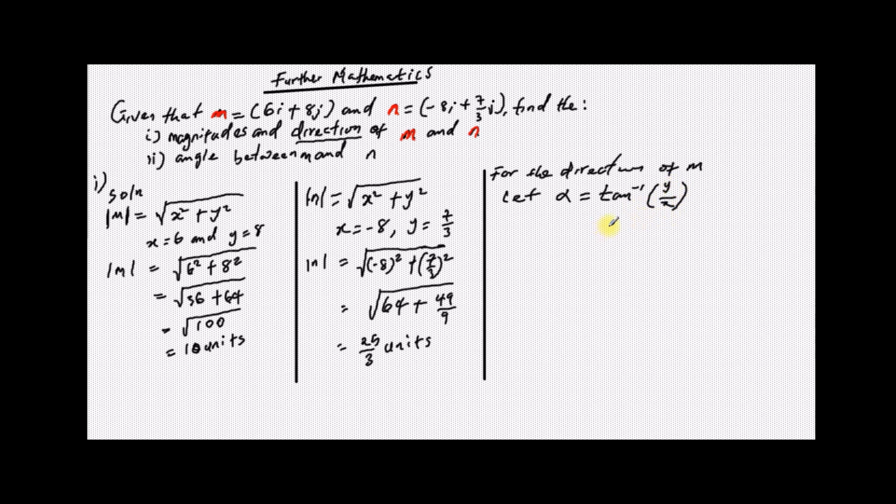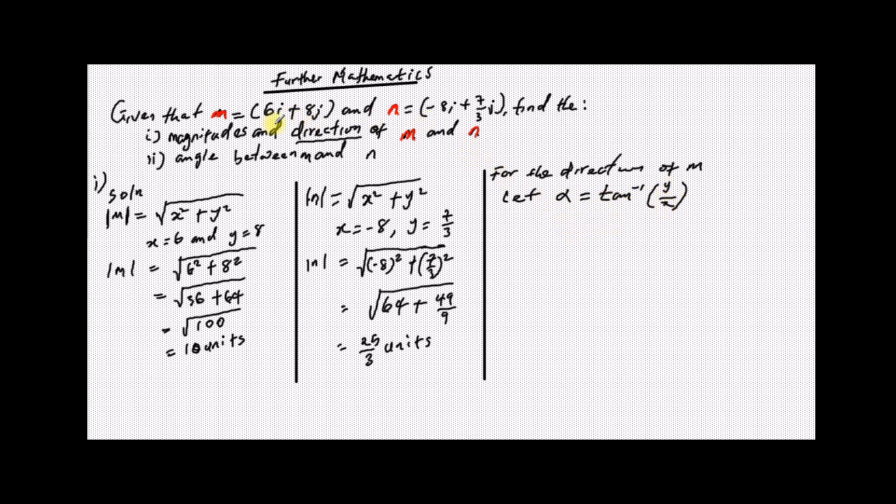In any given question where you are asked to find the direction of a given vector, all you need to do is let the angular direction be something, either alpha, theta, whatever, then it equals tan inverse of y over x.